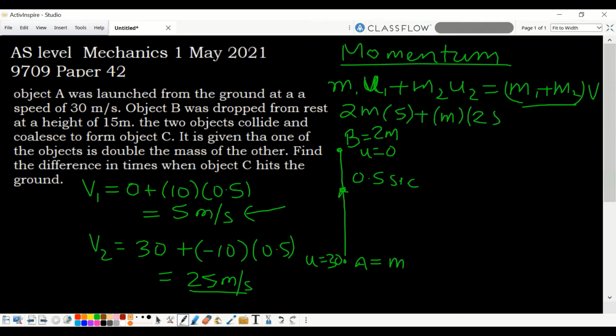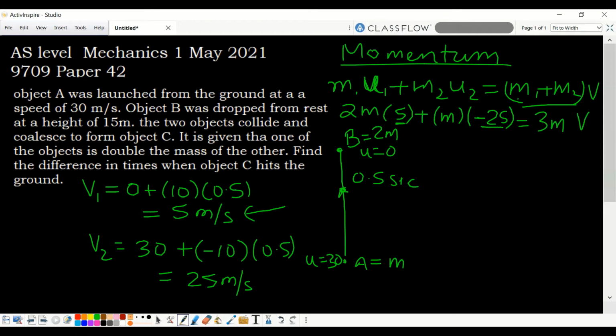So we will not write positive for this one, we write negative, because it is upwards. 5 meters was downwards. So B is upwards. Equal to total, their masses are 3m and V.